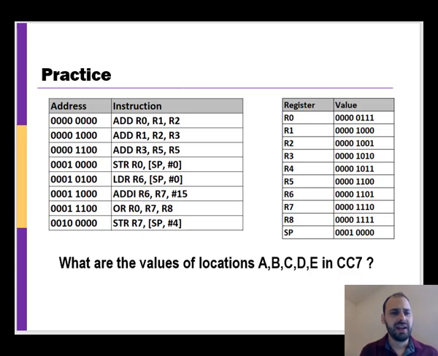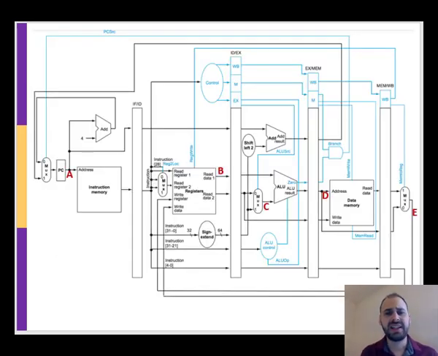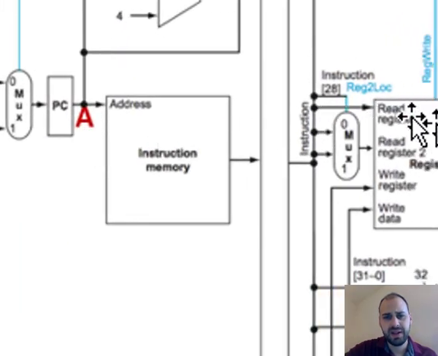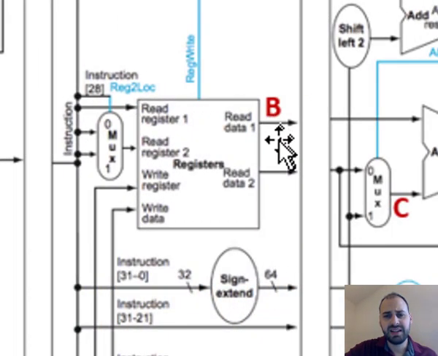These locations I can see here on the diagram. Location A is the program counter. B is the value read from register 1. Notice each one of these letters is intentionally selected as something that's in each of the 5 stages.